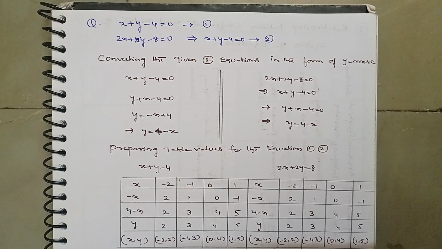Consider two equations, guys. I consider x plus y minus 4 equal to 0, and 2x plus 2y minus 4 equal to 0. Okay, now what are the conditions for a pair of linear equations to be coincident lines?